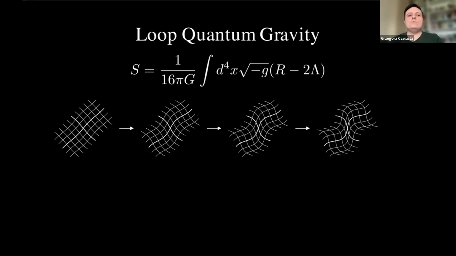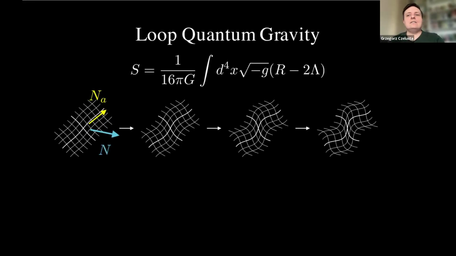In this formulation, we take our four-dimensional spacetime and we decompose it into three-dimensional spatial hypersurfaces of constant time, which evolve in time. So now we have three-dimensional spaces which evolve in time. And to describe this evolution of space in time, we need to introduce the so-called lapse function and shift vector.